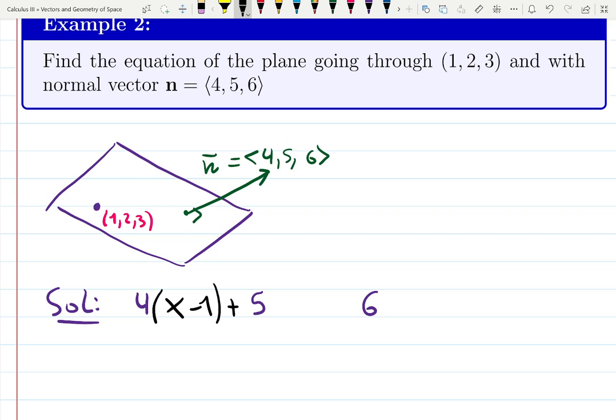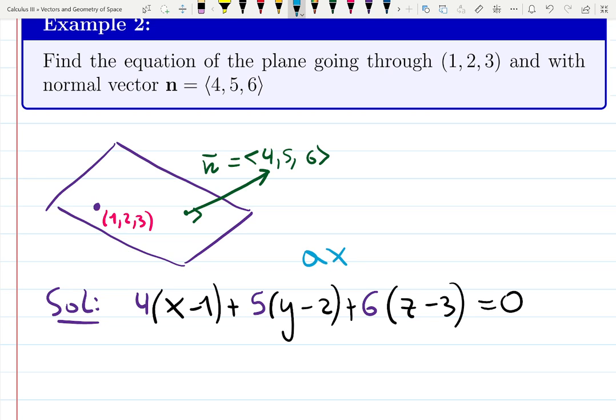So that's how I know it should be x minus a, right? Then y minus 2, and then z minus 3 equals 0. Is this the same equation we defined as ax plus by plus cz plus d equals 0? What do you think? Is this the same thing? Yes, because it's just shifted, right?